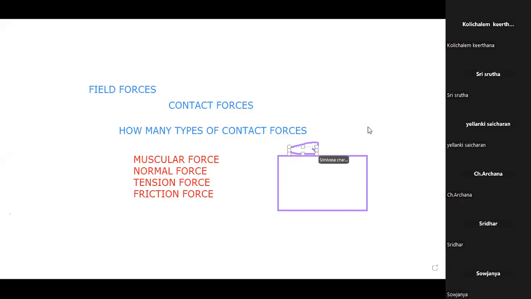These types of questions are very important. So this is the direction of the movement. And next, the direction of frictional force will always be opposite to the movement.